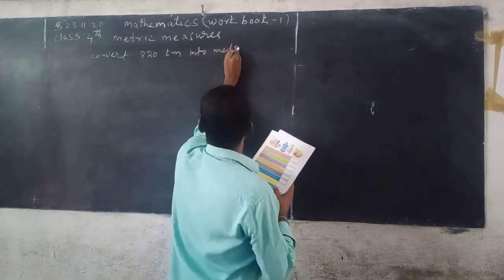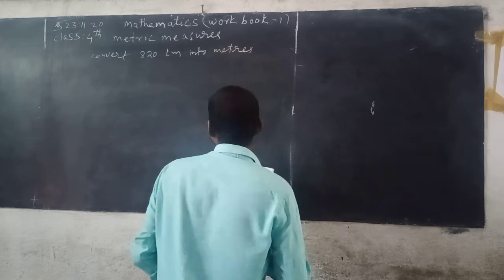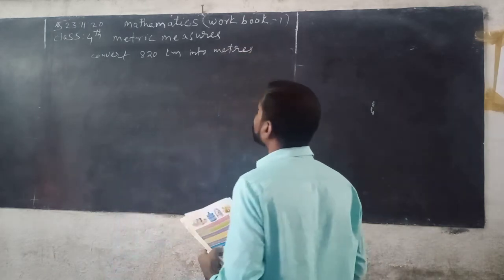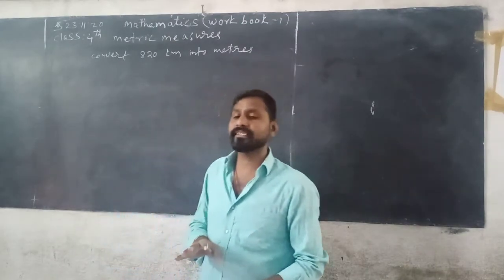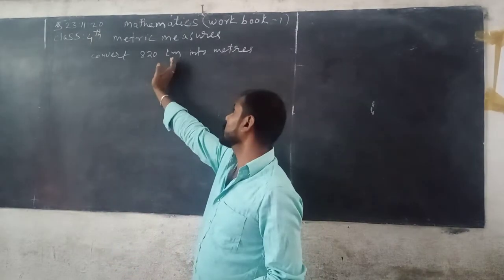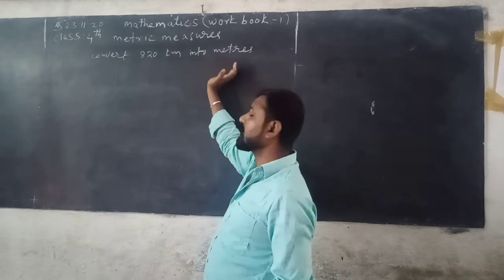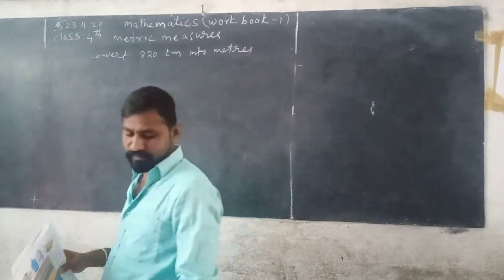This is very easy. Kilometer is converted to meter means the given number is multiplied by 1000, because the larger quantity is converted to a smaller quantity, so I have to take multiplication.